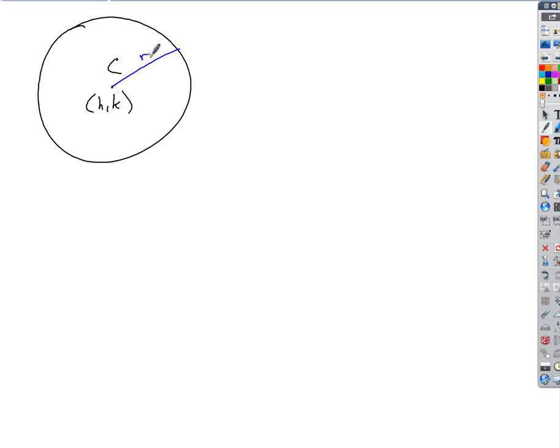Now there's an infinite number of points contained in that circle, and all of those points have to be represented by the variables x and y. So we want to come up with some equation that involves the variables x and y and the parameters h and k and r. Do you remember what that looks like? What's our standard form equation of a circle?